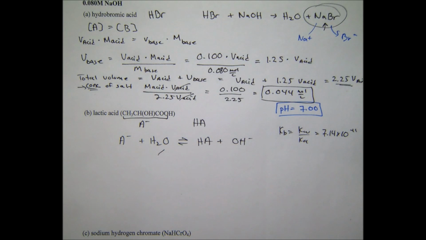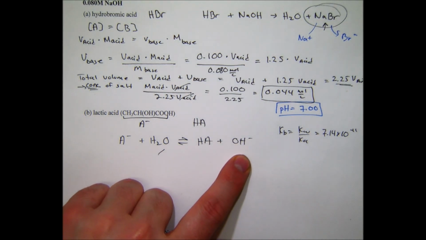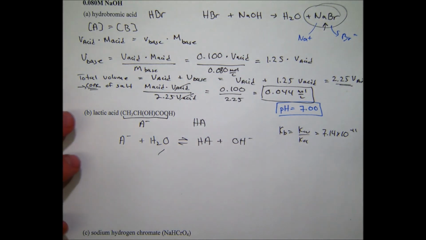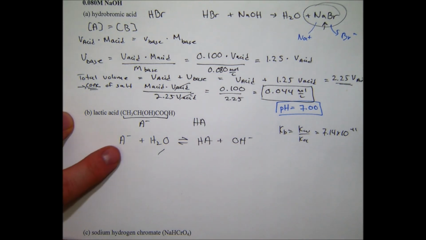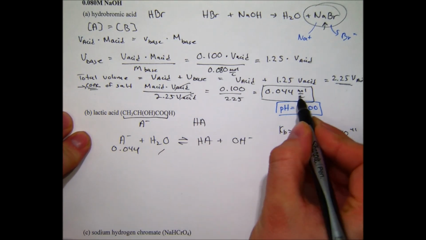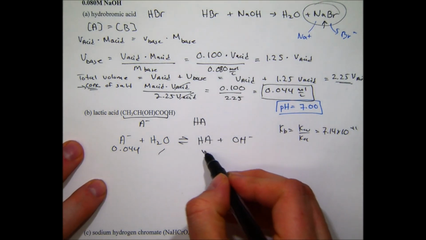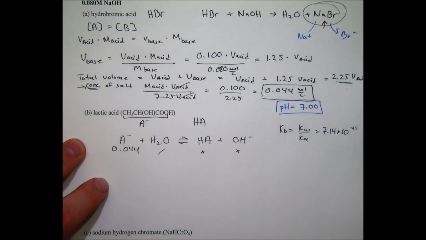But by doing this, we know that the concentration of HA and OH are equal to X. And we know that the starting material is 0.044. And we know that from the work we did up front. There's no difference at all between any of these questions with that. So this is going to be X, and they are equal.